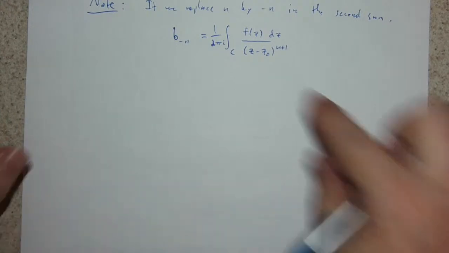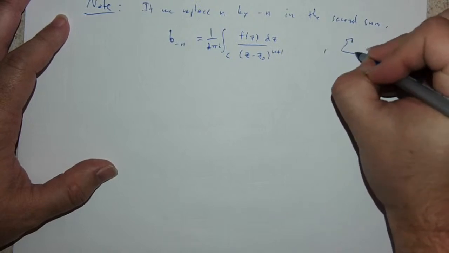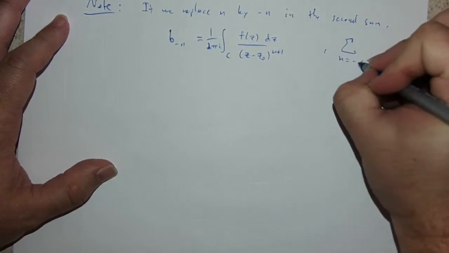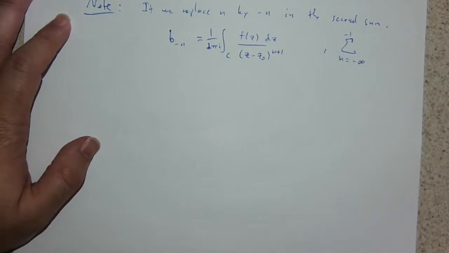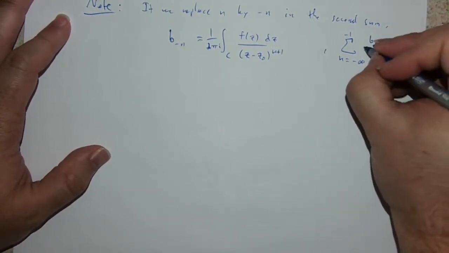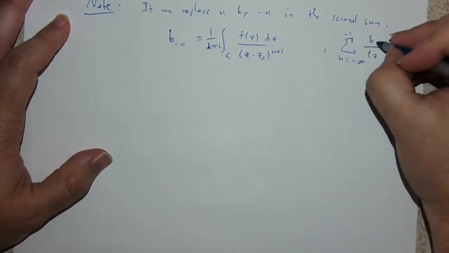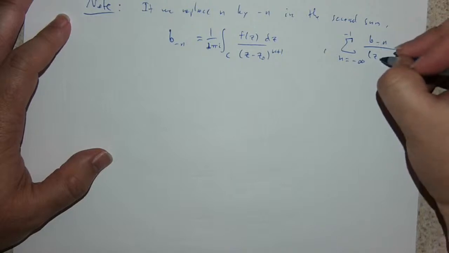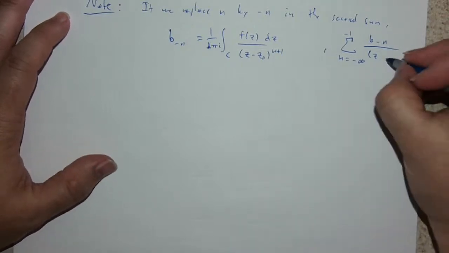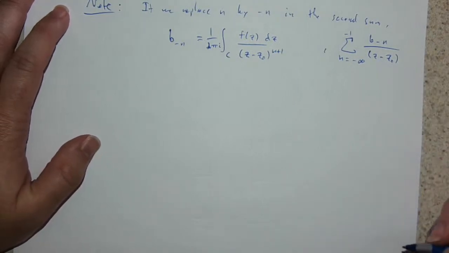And that second sum is going to become the sum from n equals minus infinity to minus 1 of b sub minus n over z minus z naught to the minus n.